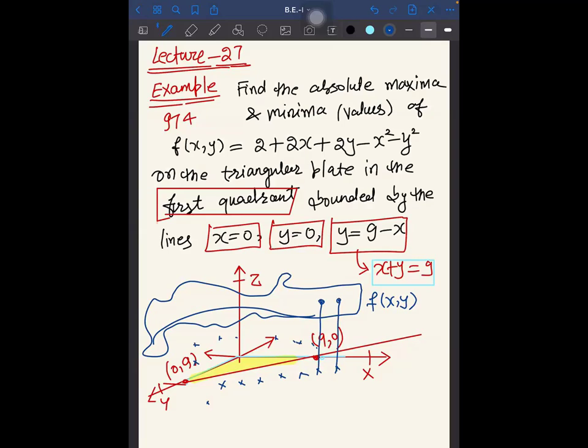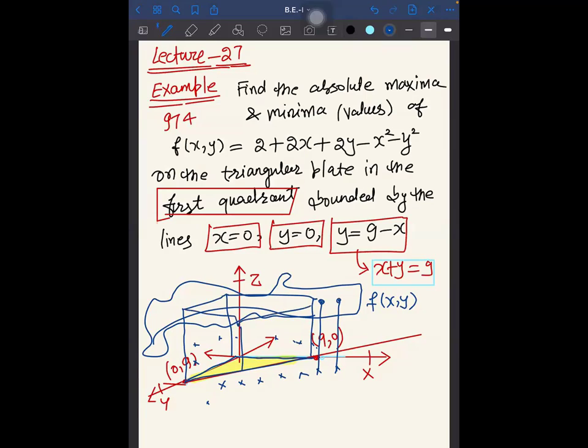But if I talk about only this region, I'll have the image along this region only.